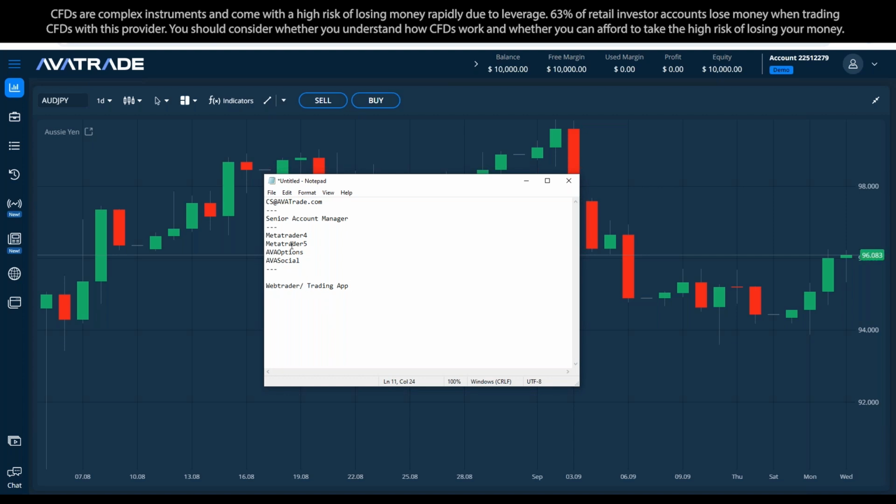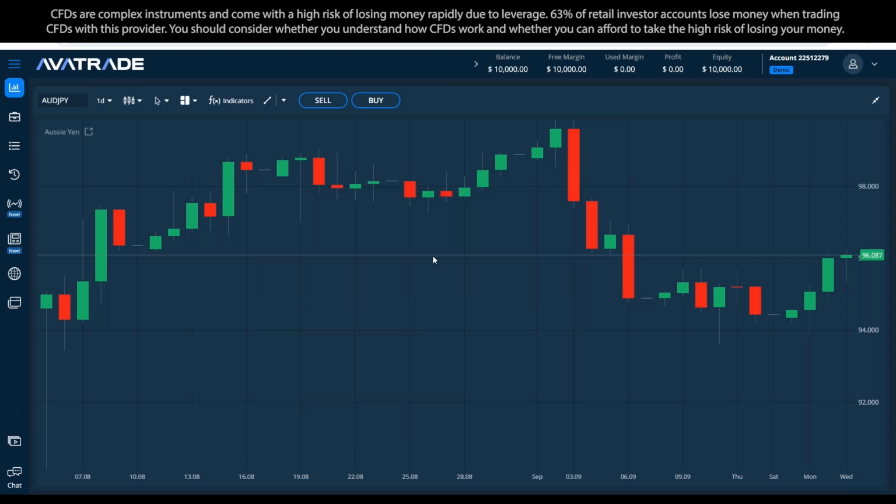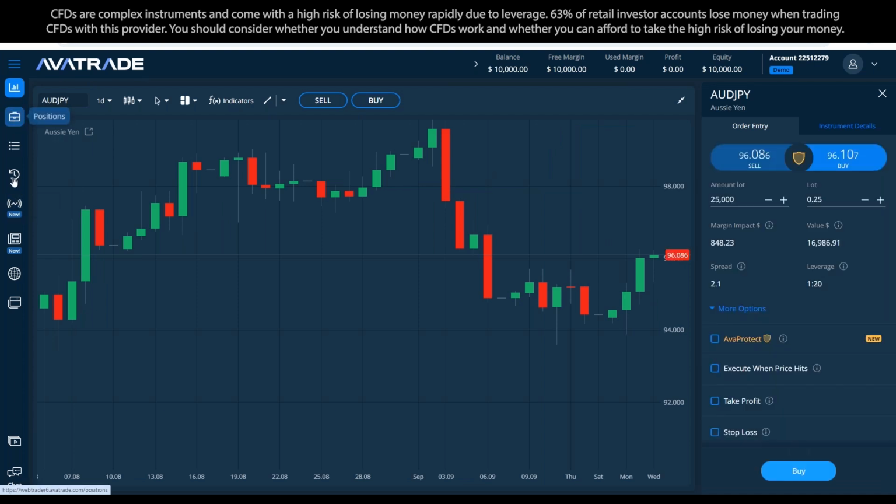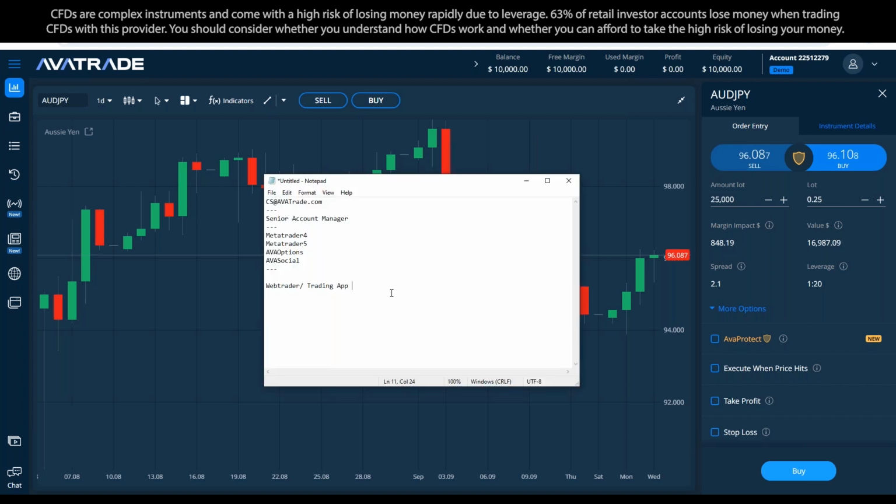So what I'm trying to say here is the MT4 correlates with the web trader and the MT5 correlates with the web trader. So I can use this interface to perhaps do analysis or something else that I need, and then if I go to MT4 and MT5, I'm still going to be able to see my positions and of course manage them. So that's one thing you can do with this nice interface, and I'm going to go through features here that can be extremely helpful.